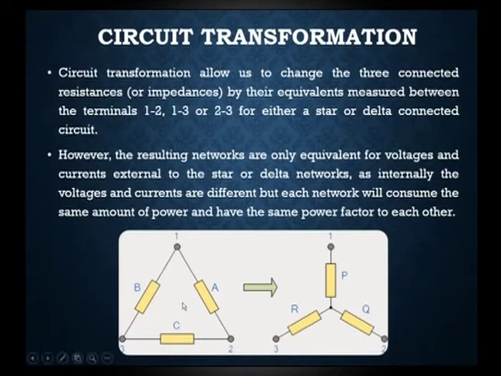That is the thing we need to remember: after circuit transformation, the elements may have different current and voltage values, but the power factor and the power consumption of the circuit will remain the same.